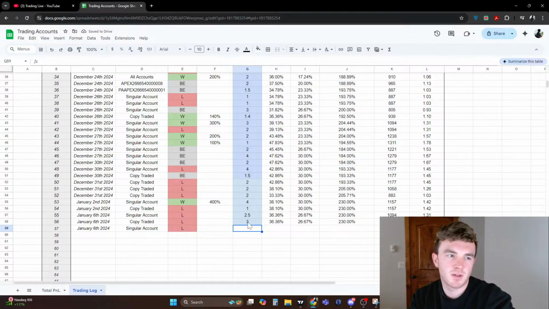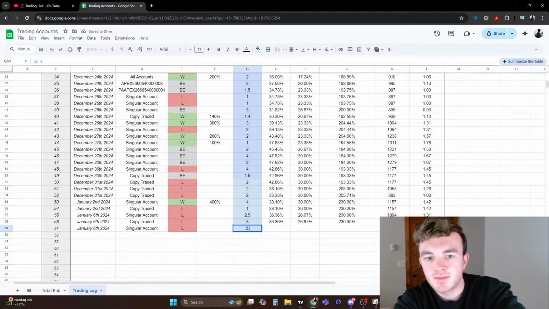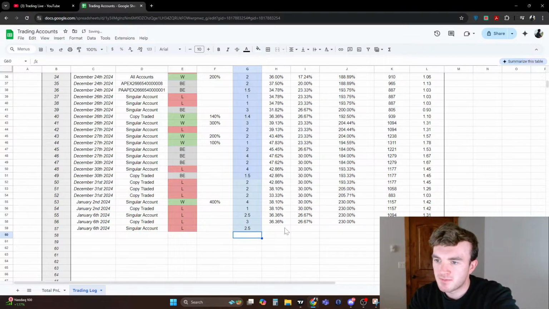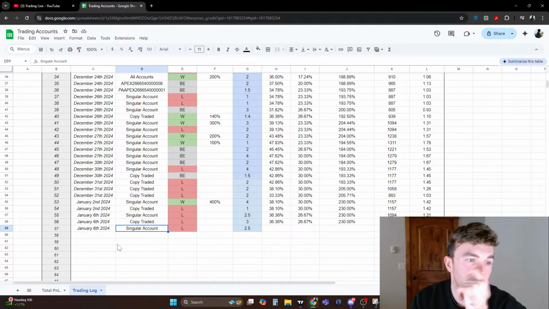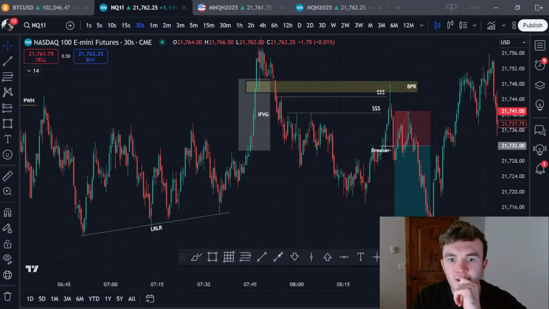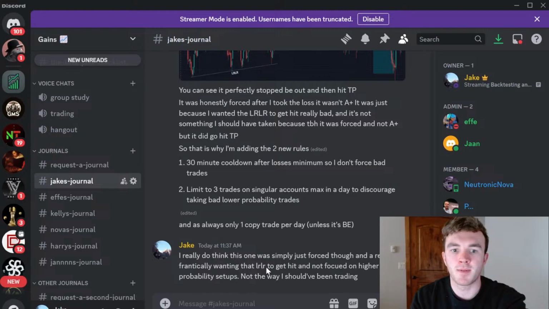What was it? 3 to 1, 2 to 1, 2.5 to 1. Yeah, just a forced trade. Honestly, should not have been taken. So yeah, just gotta be more careful about not forcing trades and making sure the trades are high probability.